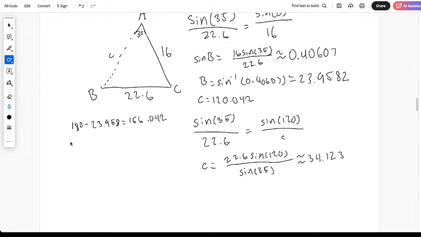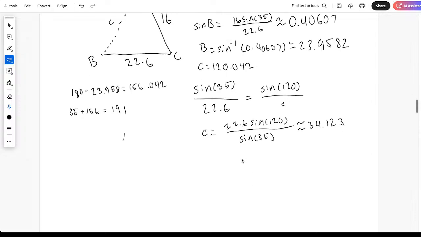So 35 plus the 156, and we'll just round it off. Is that less or more than 180? 35 plus 156 is 191. So that's not possible because you can't have angles that add up to 191 in a triangle. So there's only one possible solution.